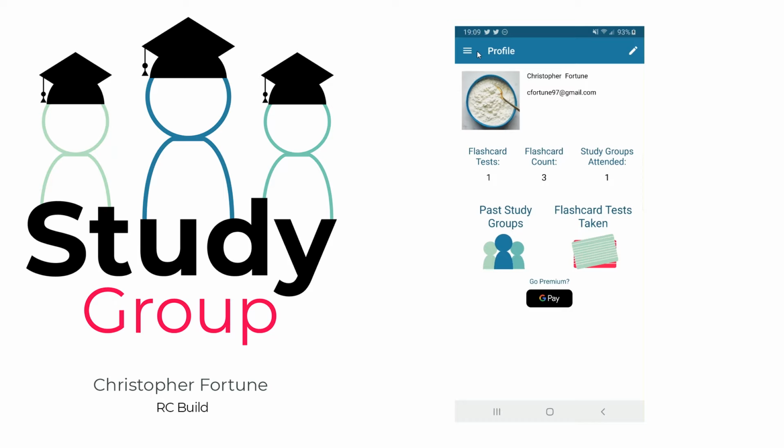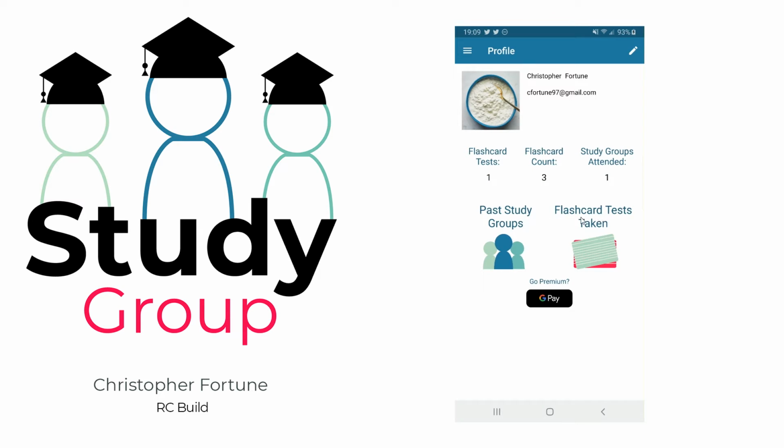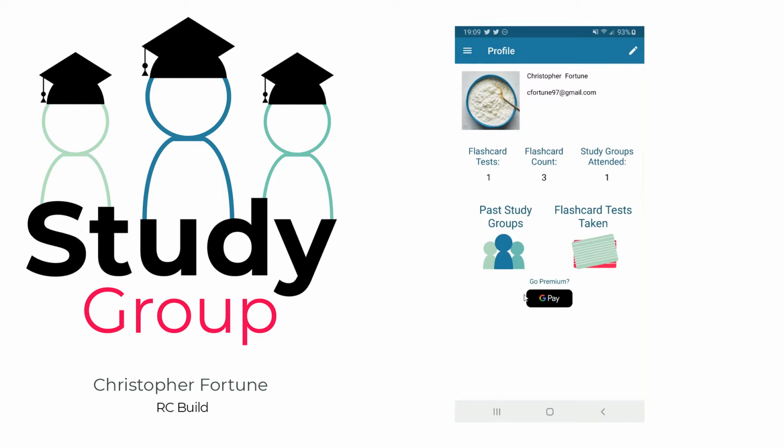It makes sense to increase it once they join or create that study group. So that's when that incremental value will change, but it would still work the same and still look the same. Down here, you have 2 options of viewing past study groups as well as flashcard tests that you have taken. Down here below, you have the Go Premium feature, which we have shown off.